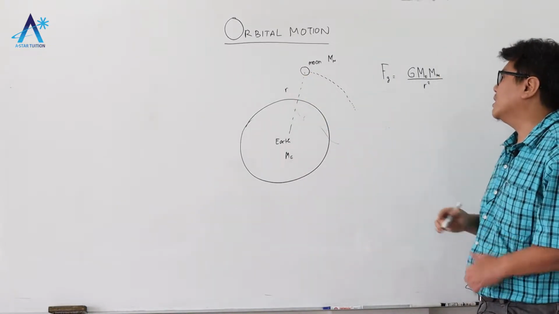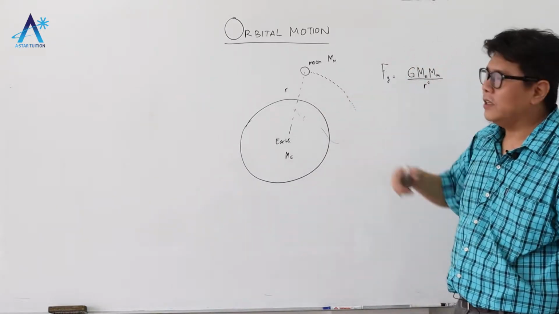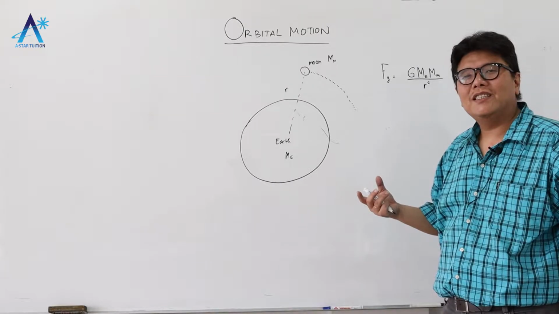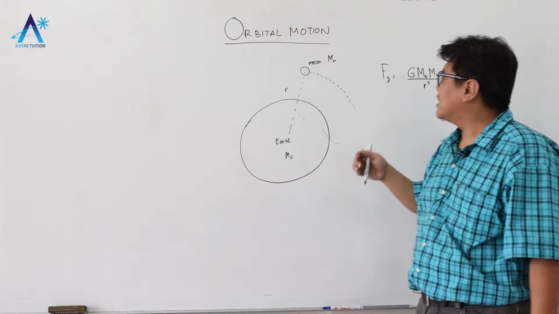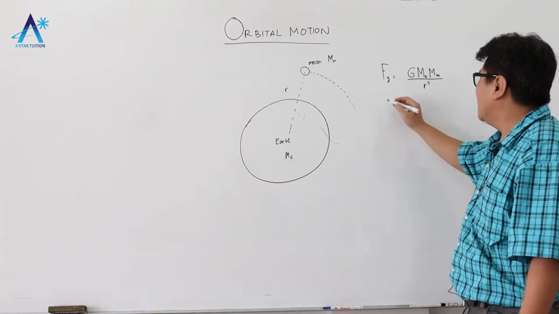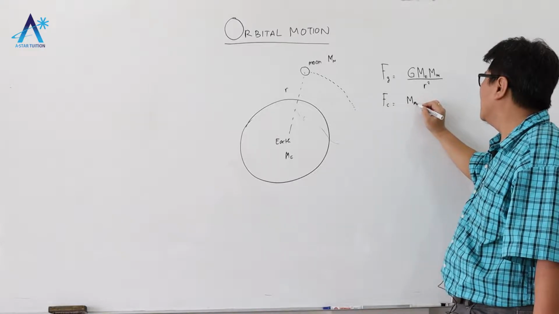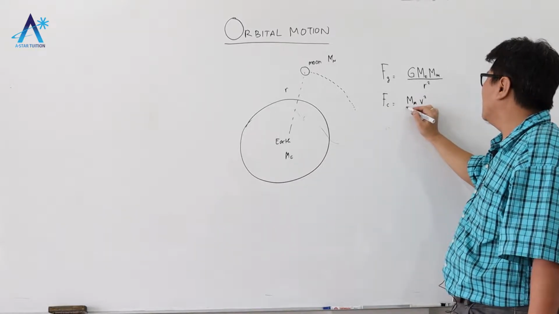And for circular motion, the object undergoing circular motion will experience centripetal force, as we discussed in the first video. So the centripetal force is the mass of the moon times the speed of the moon squared over r.